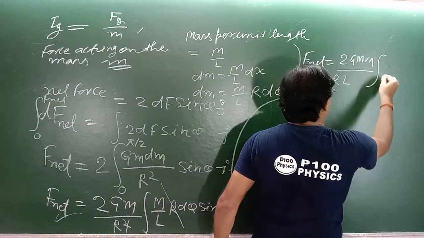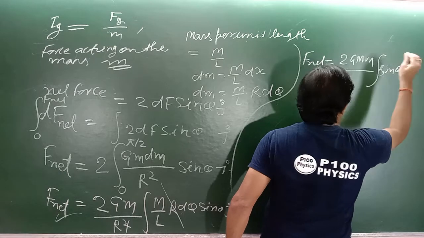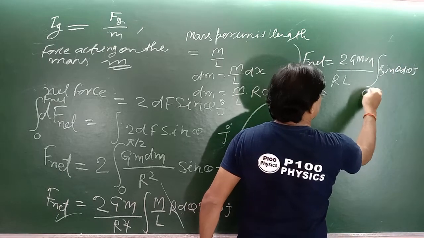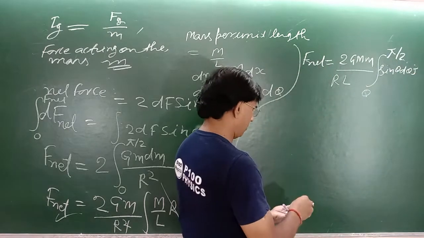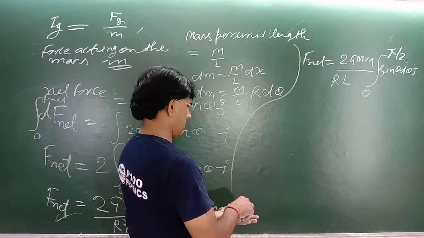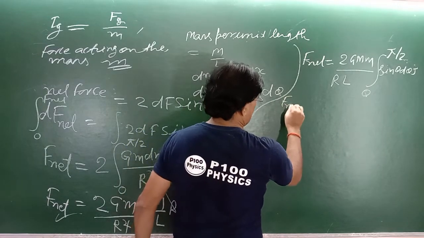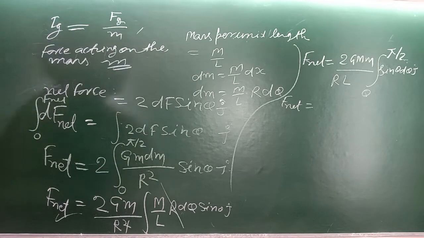Sin theta d theta, j is the direction. Theta is from 0 to pi by 2. Therefore, what is the value of the F net?